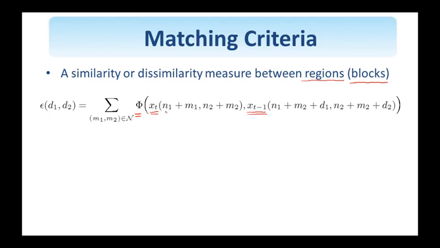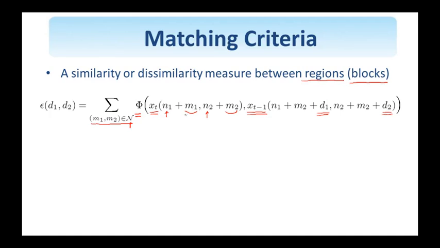The block is anchored at n1 and n2, and then I look at pixels around n1 and n2 indicated by m1, m2, which belong to this region indicated by calligraphic N. So x at t minus 1 is at the same location, but I'm looking at the displacements d1, d2 that will make these two blocks at t and t minus 1 either similar, in which case I try to maximize this function, or dissimilar, in which case I try to minimize this function.